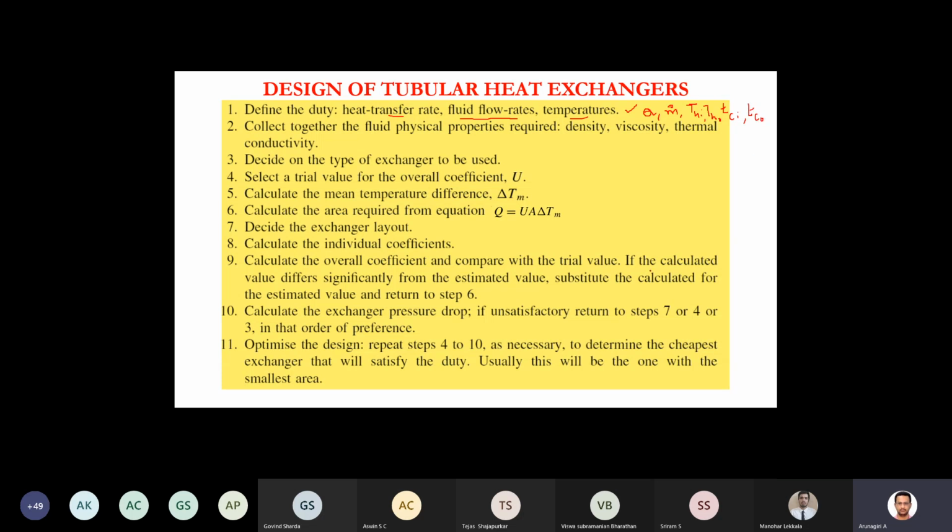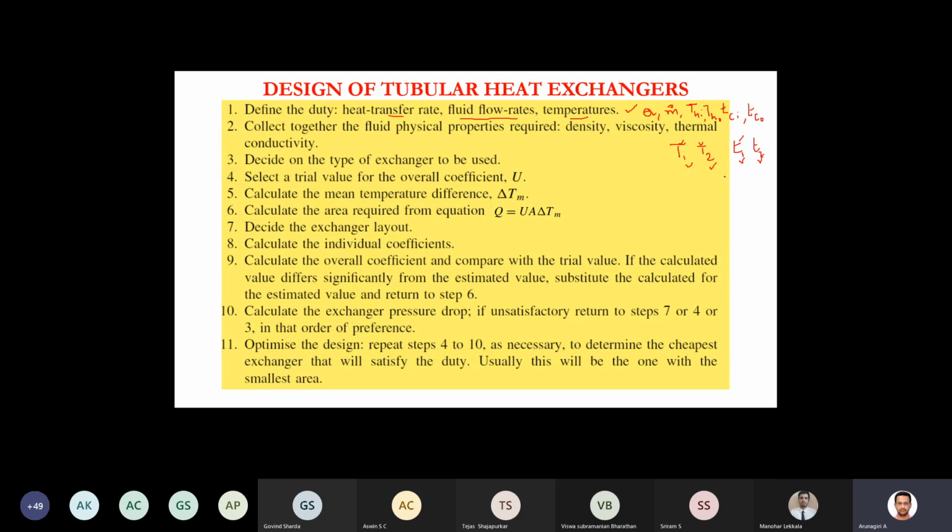This is one way to represent the temperature, or sometimes they will say T1, T2. 1 means inlet, 2 means outlet. Capital T represents hot fluid. Okay. Then t1, t2: t1 is the cold fluid inlet temperature and t2 the cold fluid outlet temperature.